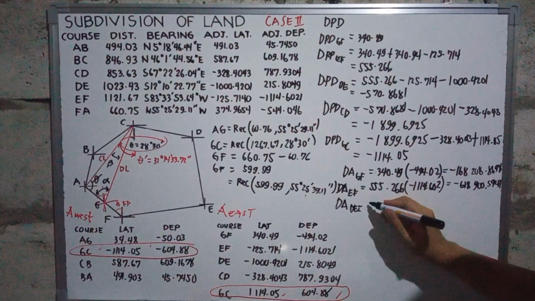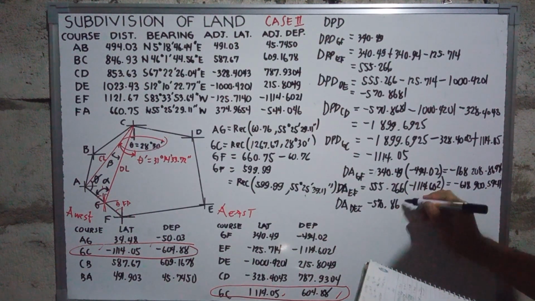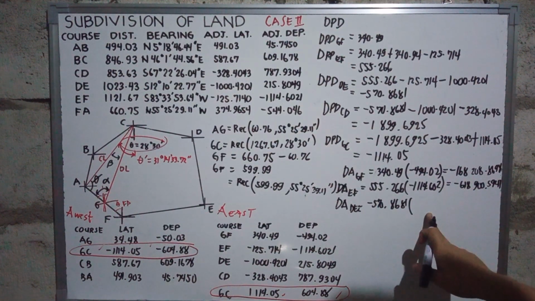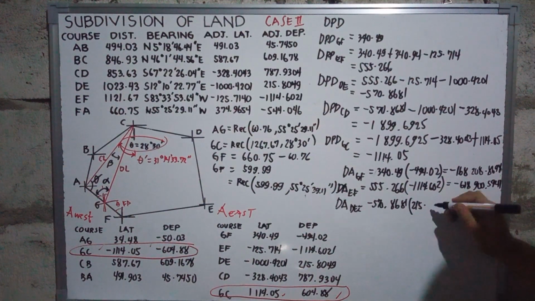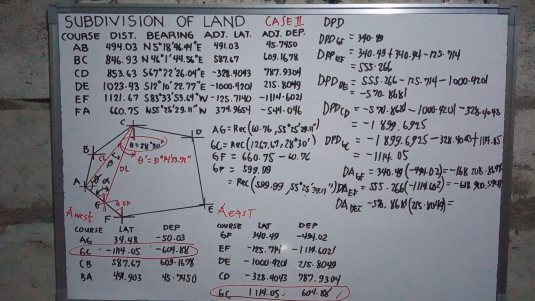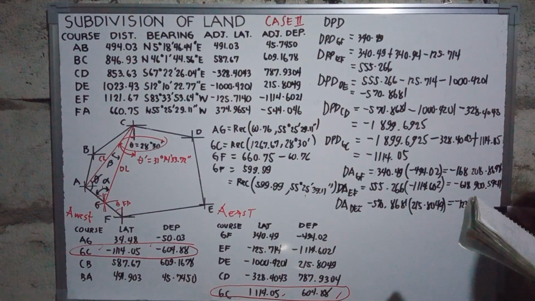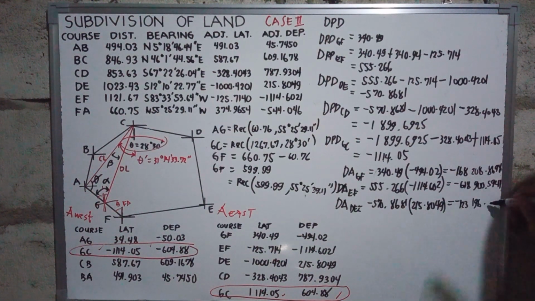Next is the double area of DE. Its DPD of negative 570.8681 multiplied by the departure of DE, which is 215.8049, is equal to negative 123,196.1332.